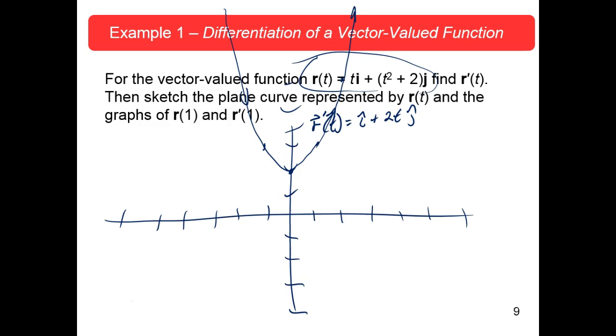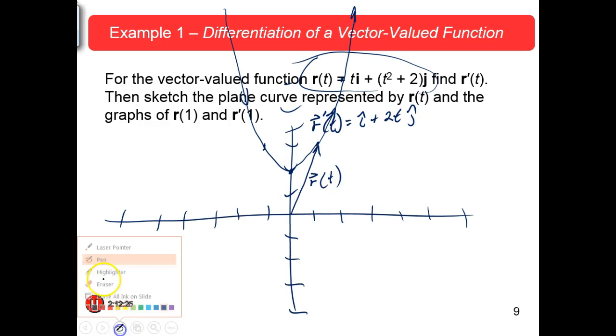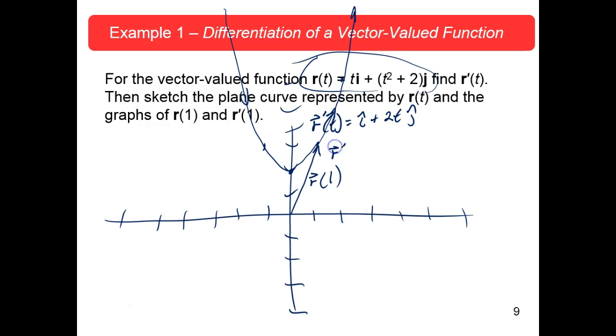Then it said, sketch the graphs of r of 1 and r prime of 1. Well, r of 1, we just plotted it. There would be r of 1, when t is equal to 1, that's where we were. Now it says do r prime of 1. Well, let's see what that is. There's your r prime of t.